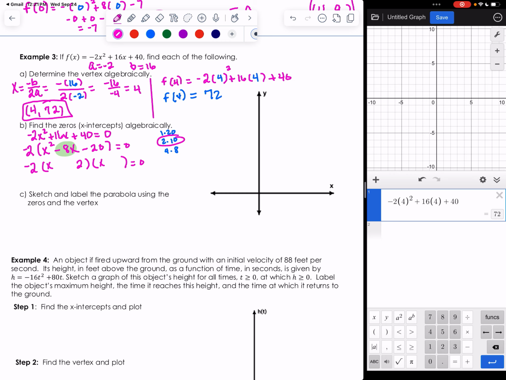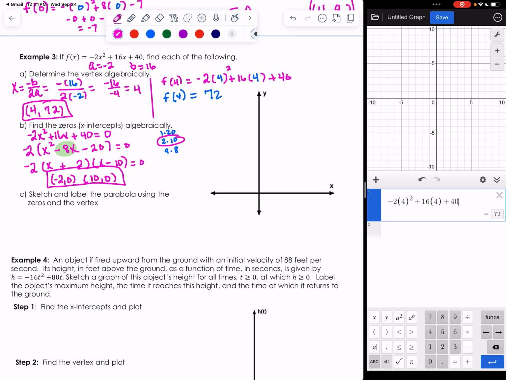So I'll put a 2 here and a 10 here. Now, to get those to add up to negative 8, I would have to make the 10 negative and the 2 positive. So this means I'm going to have x-intercepts at negative 2, 0, and 10, 0. So there's my 2 x-intercepts.